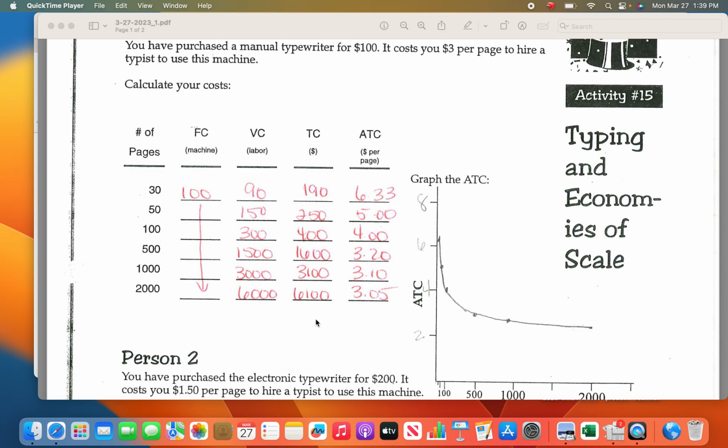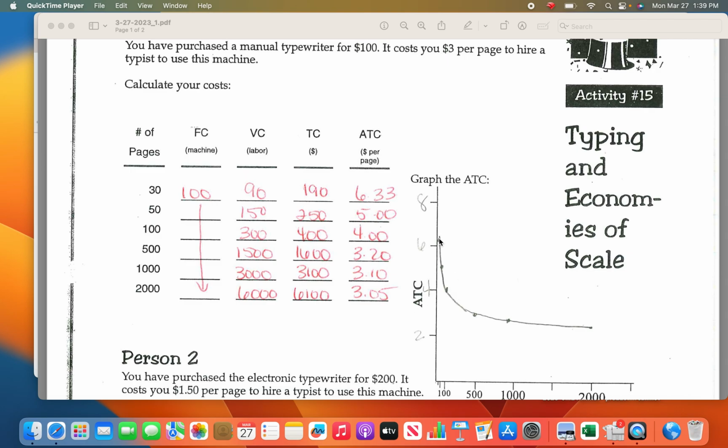So what we see here is the more pages that we type on this one manual typewriter, it becomes cheaper and cheaper and cheaper because the scale or the size of production is increasing, and we are dividing the fixed cost no longer for just 30 pages, but we can take this $100 and divide it amongst 2,000, and so the average total cost starts to go down.